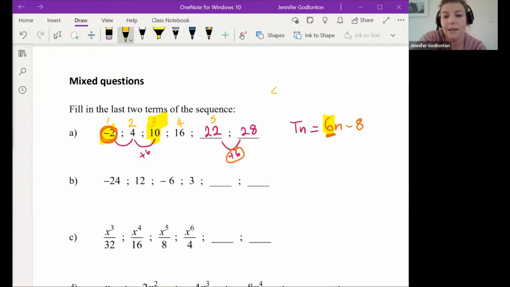If we think about it like this, I'm trying to get from 6 to -2. So I have to subtract 1, 2, 3, 4, 5, 6, 7, 8. I have to subtract 8 to get from 6 to -2. That's where that -8 came from.